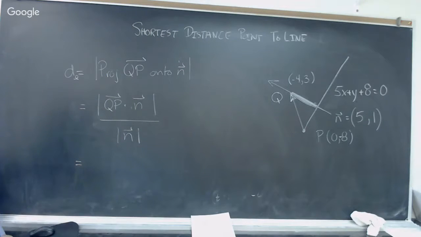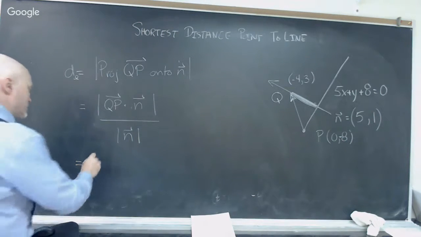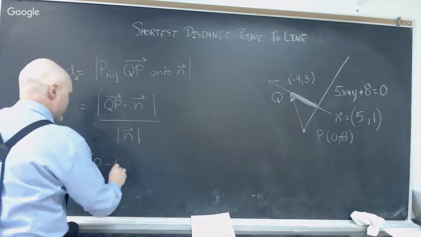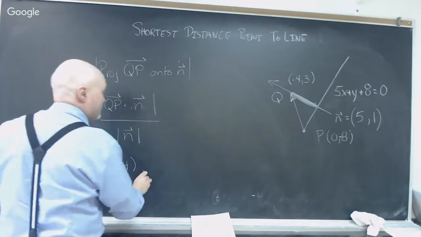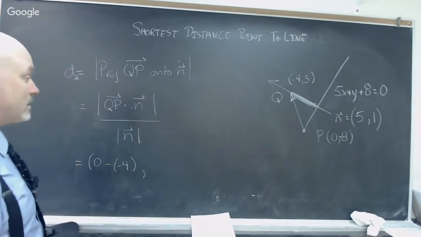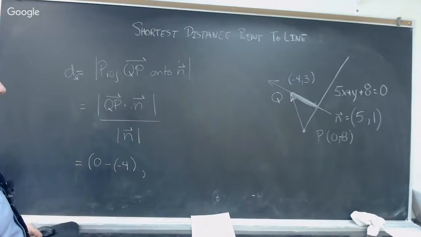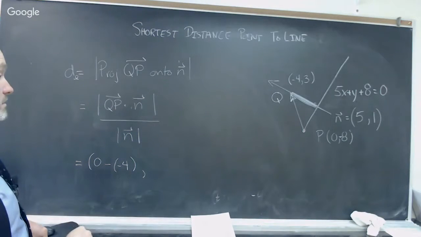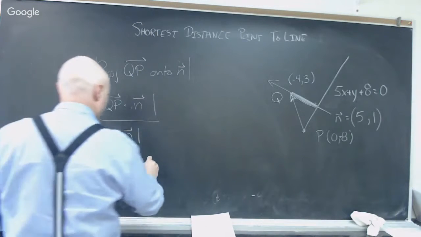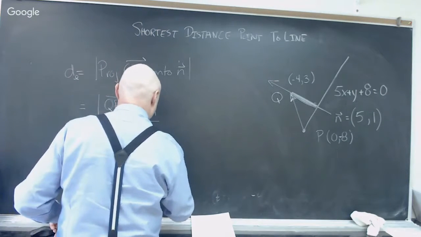And QP, it doesn't matter which way I go, but I guess I'm going to go from P to Q. So 0 minus -4 is going to be my x value for my Cartesian vector, and -8 minus 3.